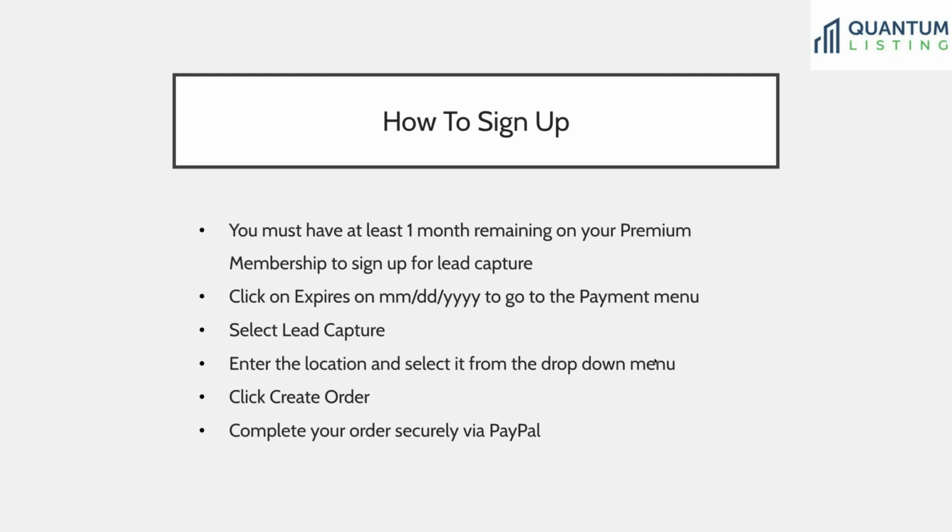You're going to enter the location and select it from the drop-down menu so that we know where you want those leads from. And then click create order, and you'll get a pop-up from PayPal, and you're going to complete your transaction securely on PayPal, and then you will be eligible without any further ado to start collecting leads.